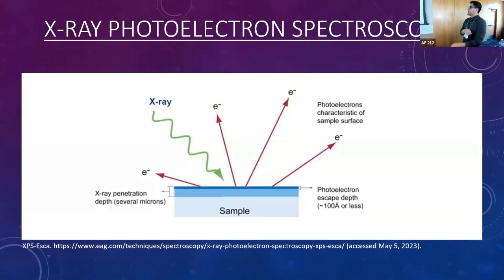To characterize this experiment, the data analysis was done using X-ray photoelectron spectroscopy. It's a pretty cool technique, and it's pretty simple. You have your sample, which is this right here, and then you irradiate the sample with an X-ray. Whatever is on the surface, like the darker blue region you see here, is what's going to be excited by the X-ray.